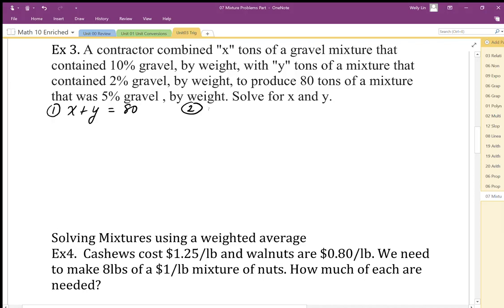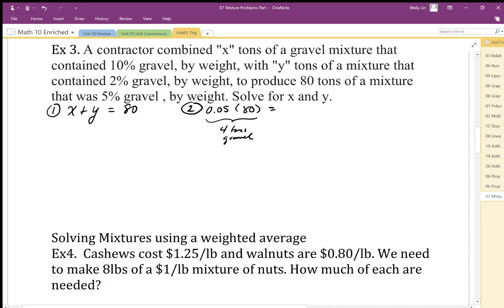So if I do 0.05 times 80 tons, that's going to be 4 tons of gravel. Okay, so this is 4 tons, and we're talking about pure gravel now.